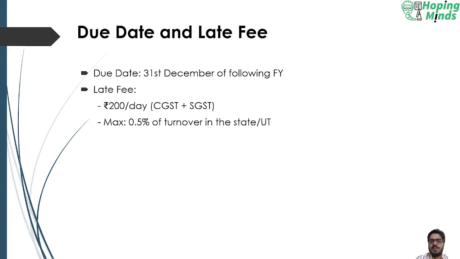That will be subject to a maximum of 0.5% of the turnover in the state or union territory. So even if registration is cancelled during the year, GSTR 9 is still required to be filed if returns were filed under the regular scheme for any period during the year.